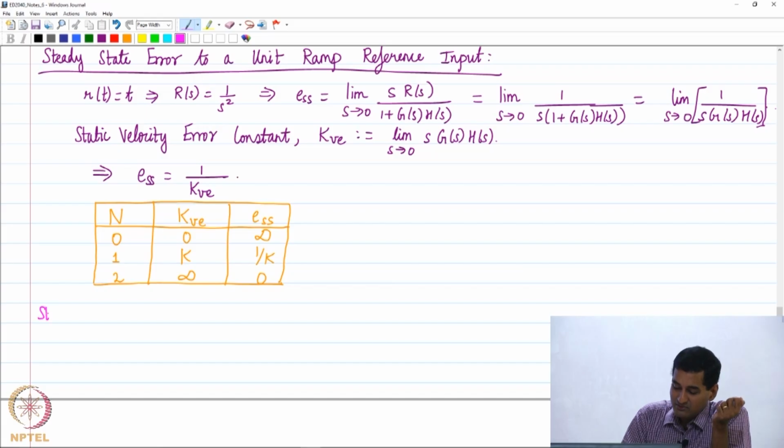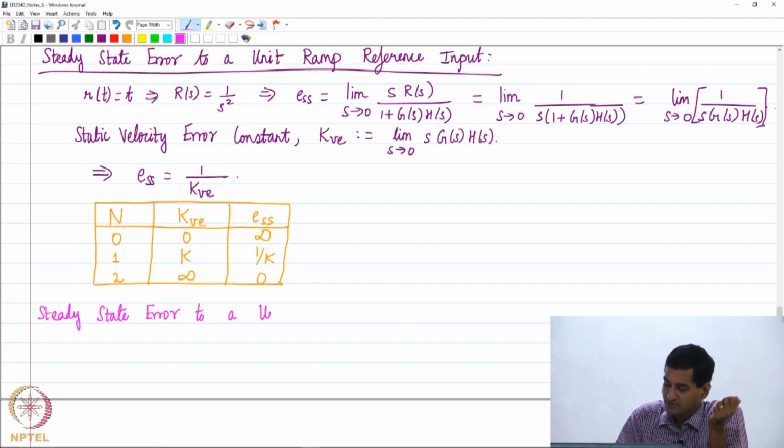So now, similarly, the final error analysis that we are going to do is for a unit parabolic reference input.